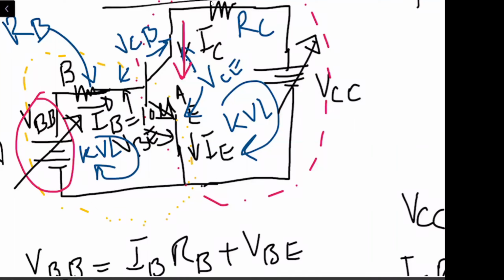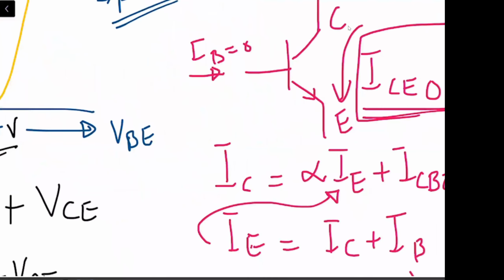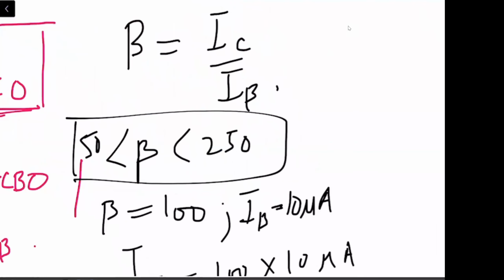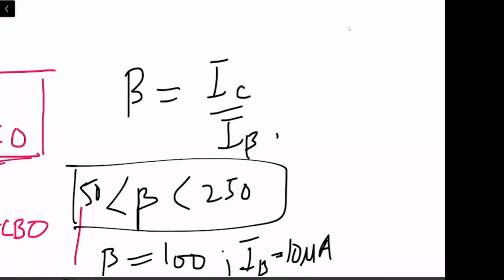Let's suppose now the current in the base is equal to 10 microamperes. Then we have another ratio between the collector and the base currents. IC divided by IB is normally called beta, right?